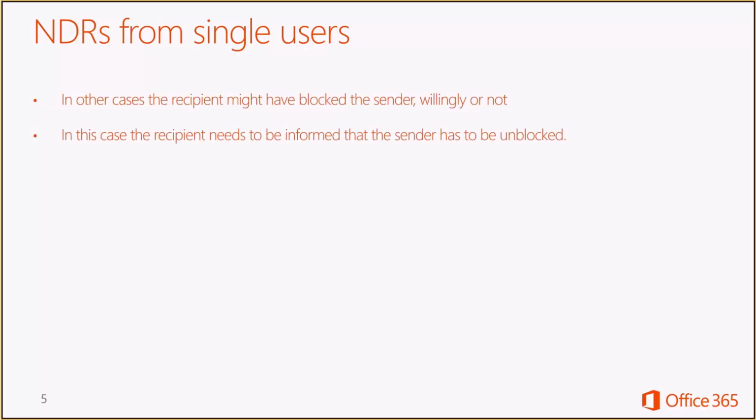In such a case, the only option left is for the sender to try and reach out to the recipient using other methods, for instance, maybe a different email address, or trying to just call the recipient and ask that they unblock the email address that is blocked.